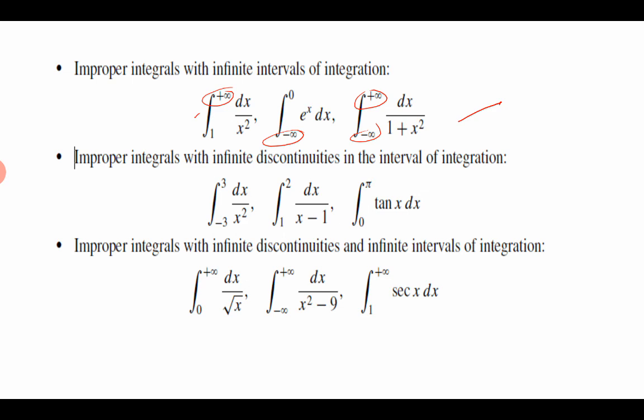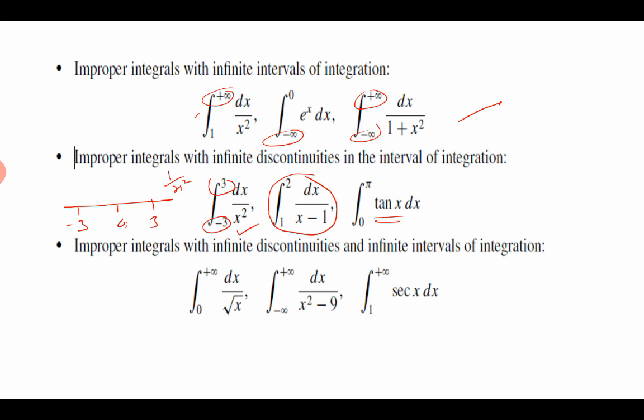And the second type of improper integrals: here you are integrating from negative 3 to 3, but between negative 3 and 3 there is the point 0. The function 1 over x squared is not defined at x equal to 0, because at x equal to 0 we have a vertical asymptote. So this is an improper integral. Of course, the same holds for this case. At the lower limit x equal to 1 you will find a vertical asymptote.